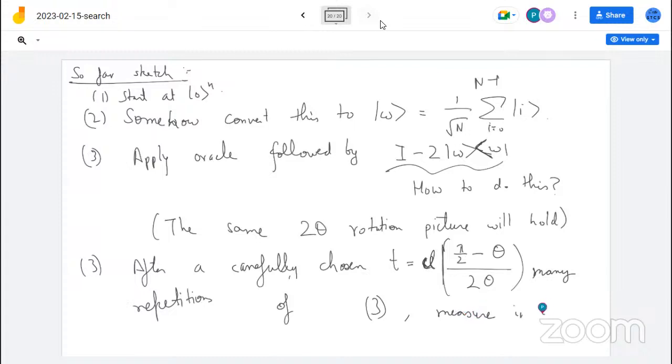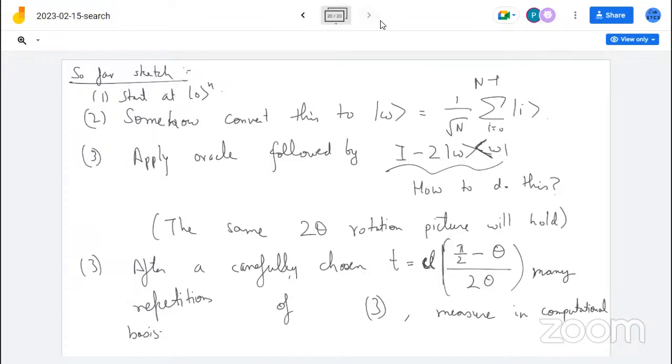Measure in the computational basis. But the point is that at this point, if you believe the 2 theta picture, which I did for some other vector, then you will have come within about theta of the correct answer. So the closest in theta, at least 2 theta close.